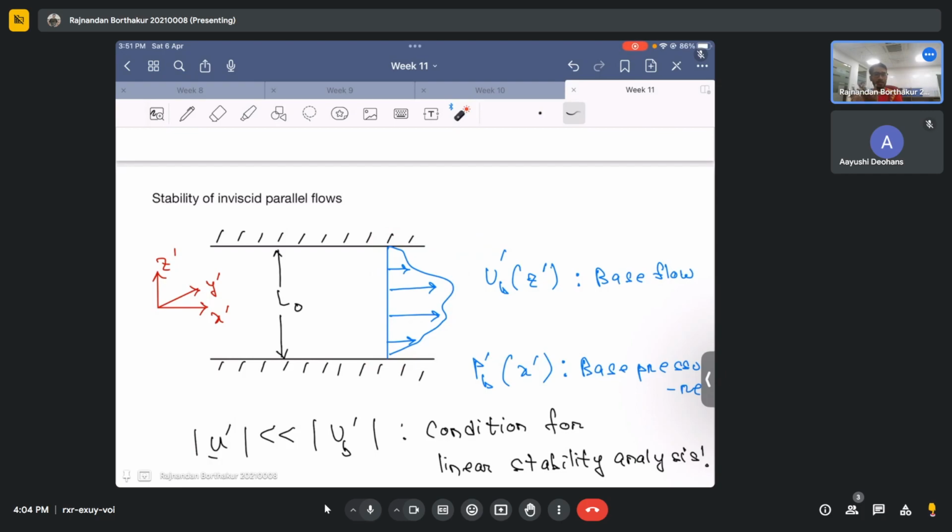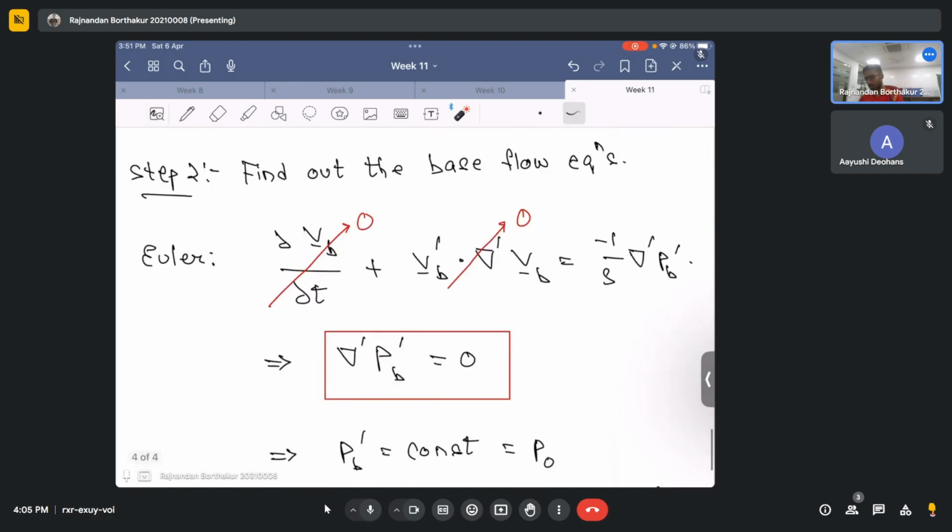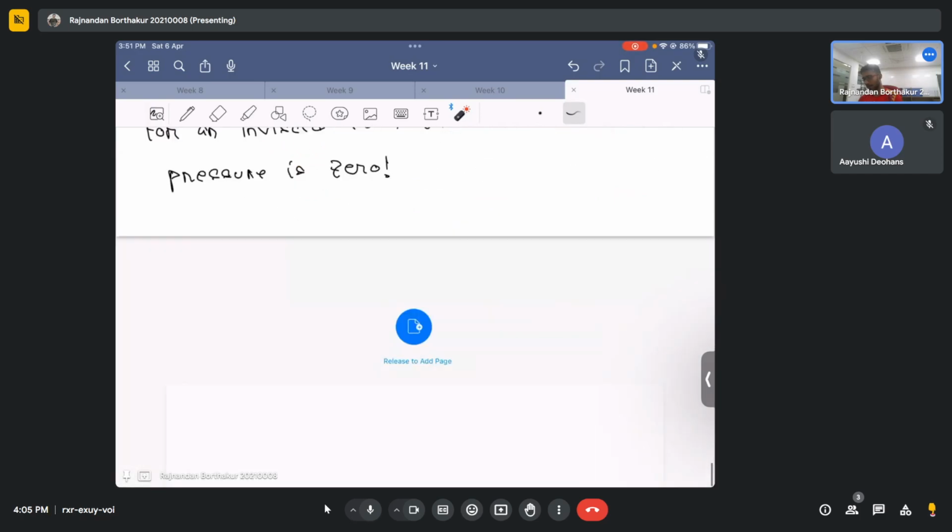That's why, since it is inviscid, the net force that arises due to pressure has to be equal to 0. And this flow, if it is inviscid, will always sustain inside the channel. So that's another way of saying that the gradient of P is equal to 0 in this case. Okay, I hope you understand this.